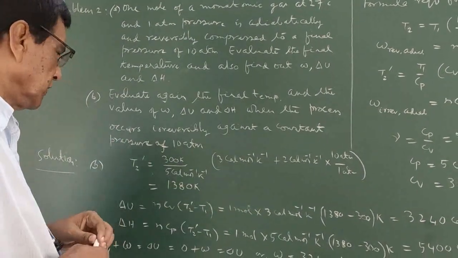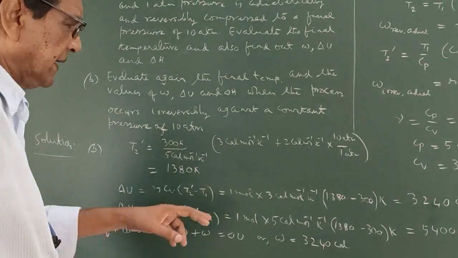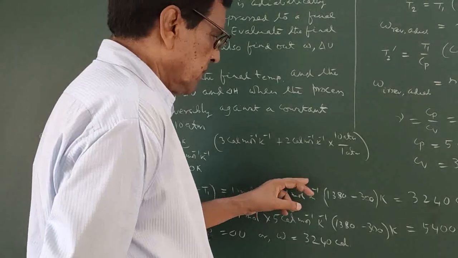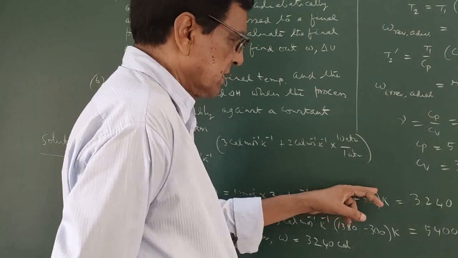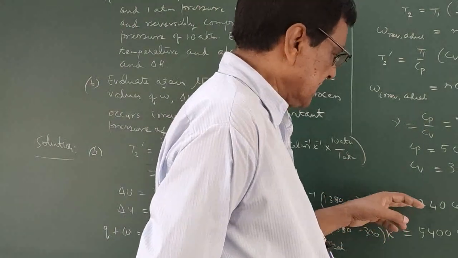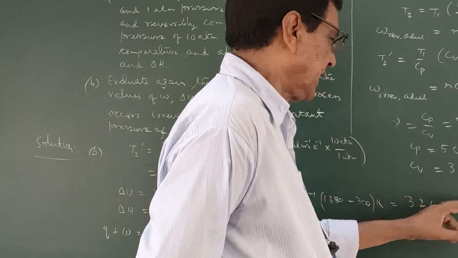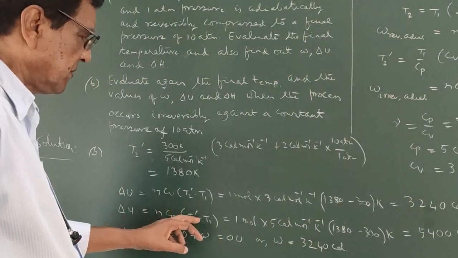So delta U equal to nCv (T2 dash minus T1) equal to 1 mole, 3 calorie mole inverse Kelvin inverse, here 1380 minus 300 Kelvin, and this is 3240 calorie. And the next, delta H equal to nCp (T2 dash minus T1).